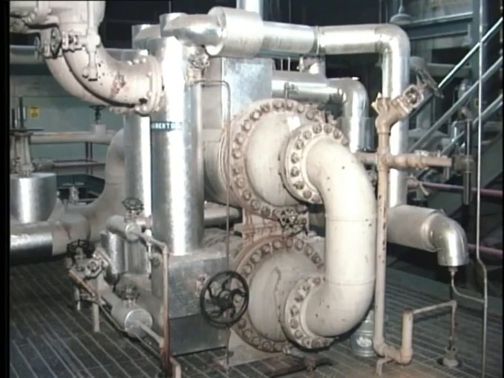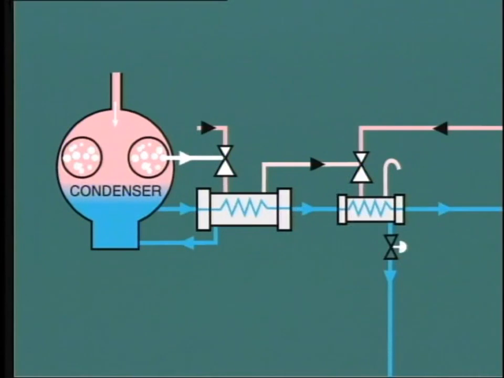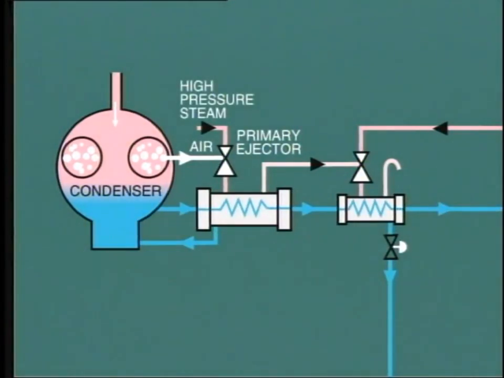However, the requirement for air removal when the turbine is in service is much less. Therefore, the on-load ejector uses smaller nozzles and has some heat and steam recovery. As before, air is drawn from the condenser by the primary ejector, and the air and steam mixture discharges into a heat exchanger to condense the steam.